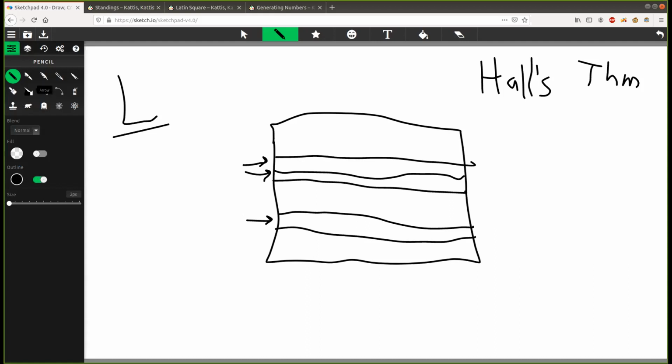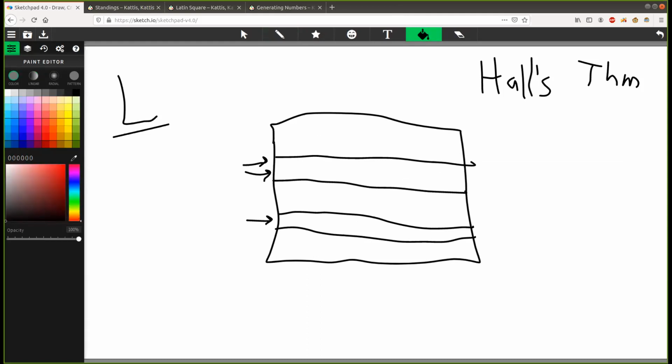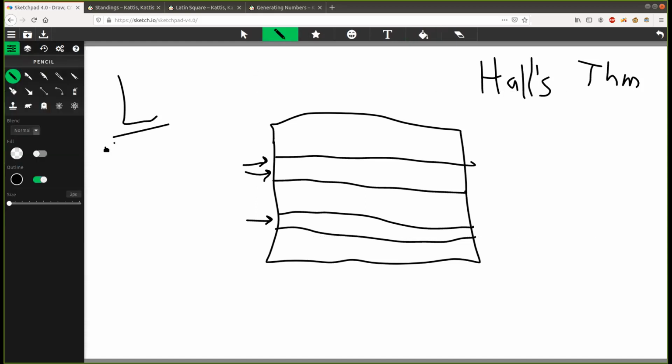Let's say we ignore these, and we're only focused on one subset of rows.